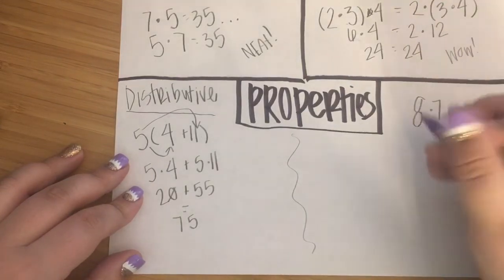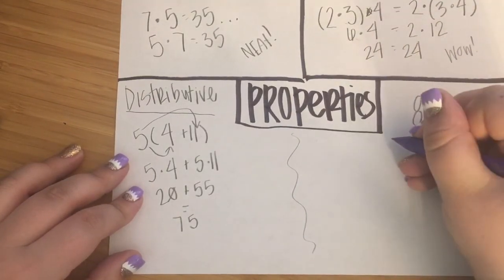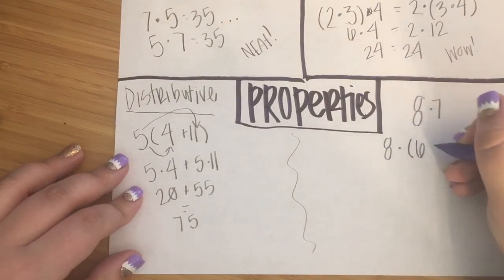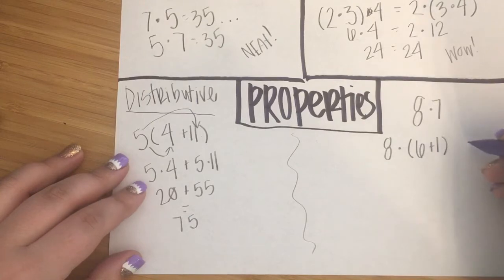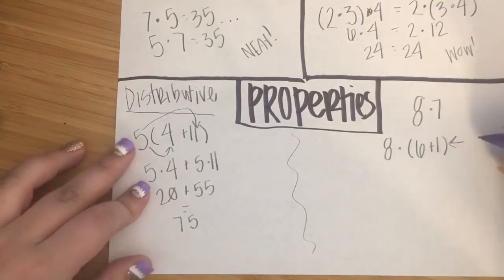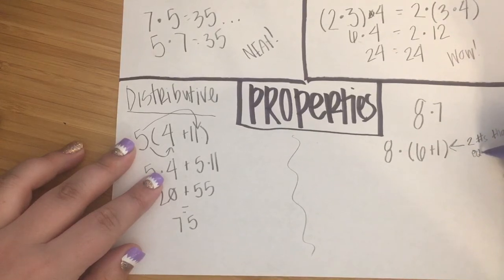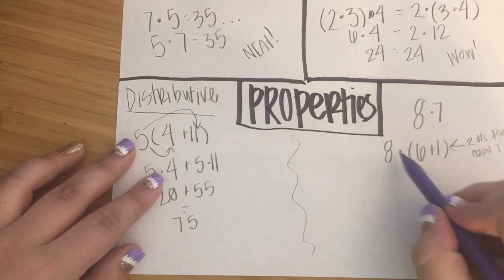So let's look at another example. So if I have 8 times 7, well, that's like saying 8 multiplied by 6 plus 1. Like, where did 6 come from? Okay, well, the 6 and the 1 are 2 numbers that can be added together to equal 7. Normally, I would use a greatest common factor. Like, if this was 8 and 10, I would use 2. But in this case, I'm just going to show you how this works out as well.